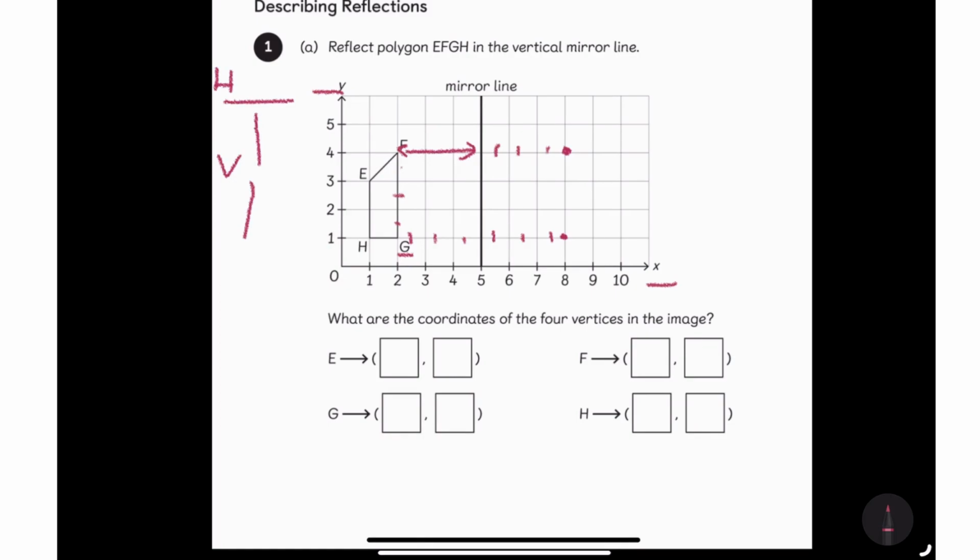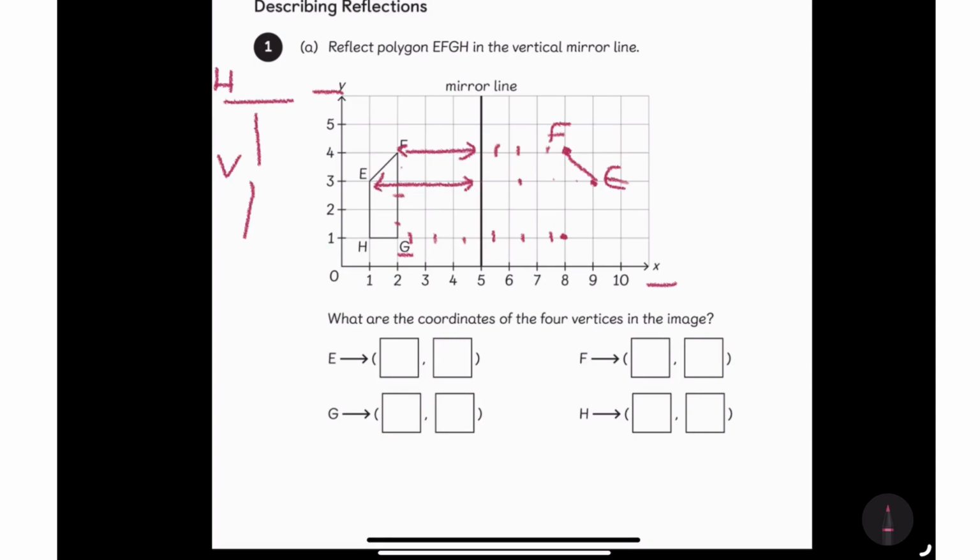My E, let's start from the mirror line, is 1, 2, 3, and 4, right? So same way, I will count this side as well. 1, 2, 3, and 4, right? So I got my slanting line. I could join my F and E.